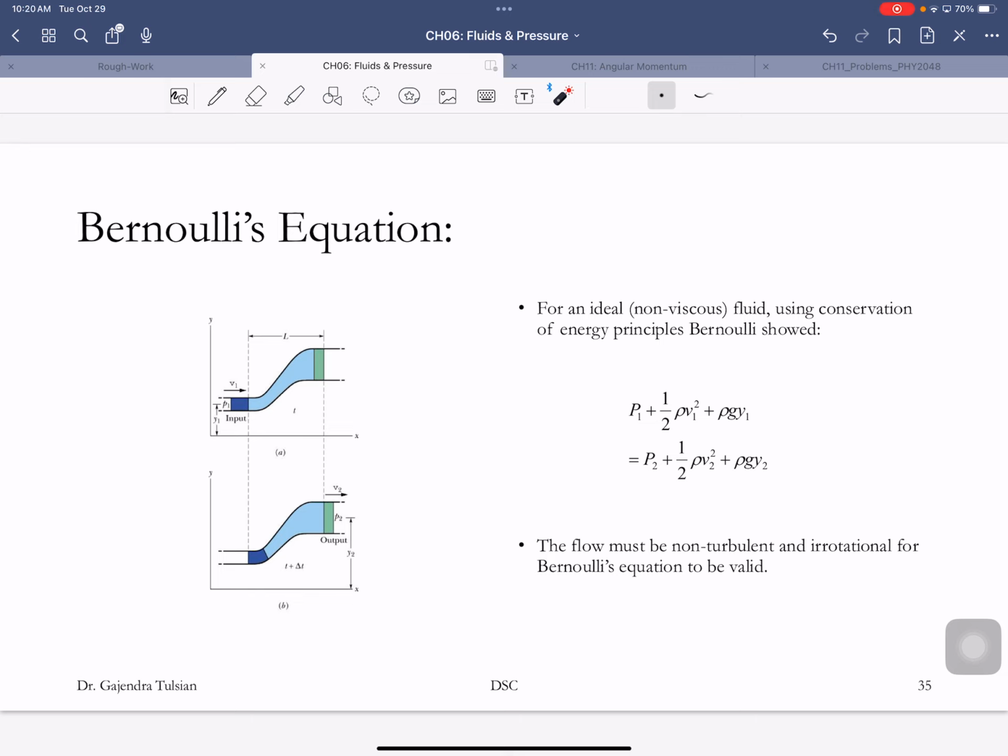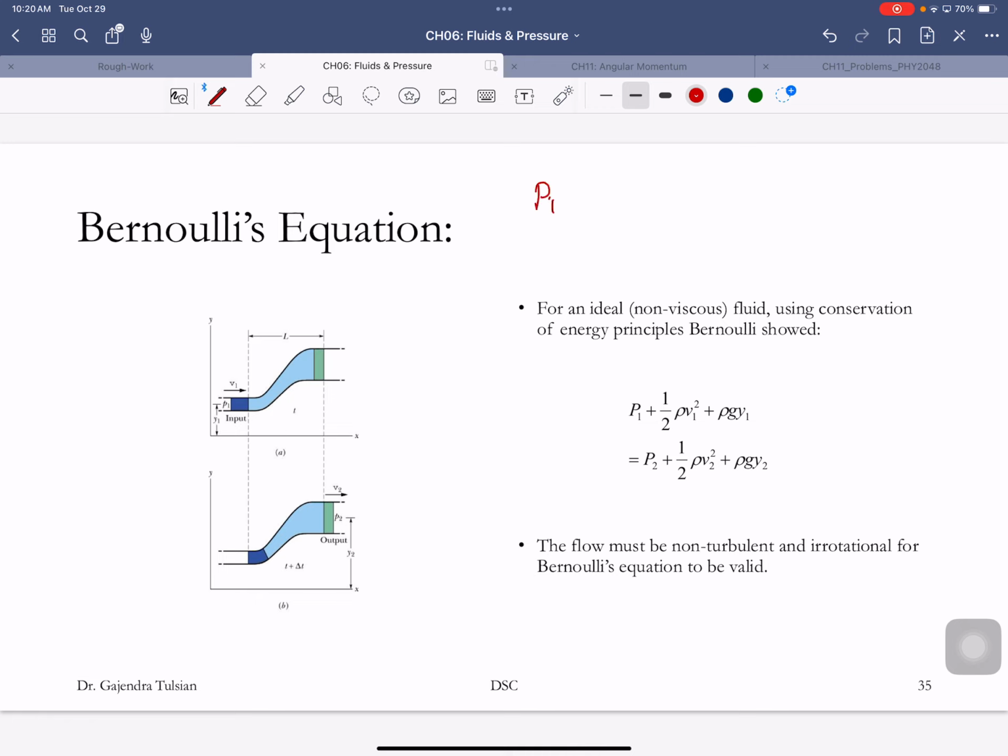All right. So let me do a special case. Let's say the elevation is the same, so these two terms are equal. Okay, I will write it down here.